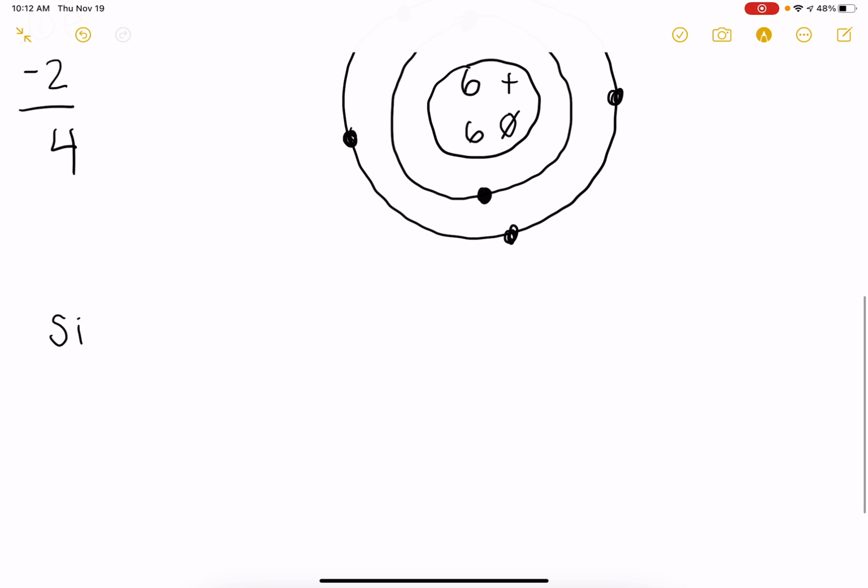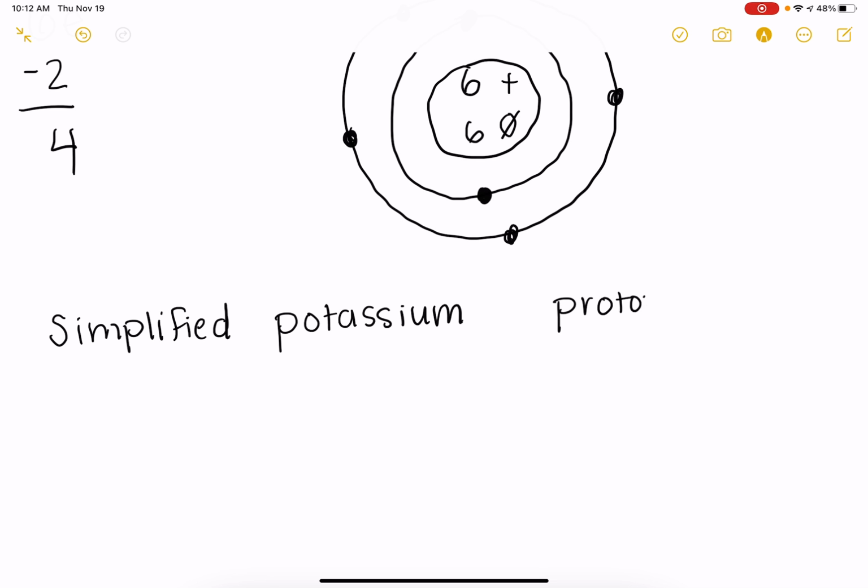So we're going to do the simplified Bohr diagram of potassium. All right. So we need to know all the same things. We need to know our protons, neutrons, electrons, because they're all going to go into this diagram.